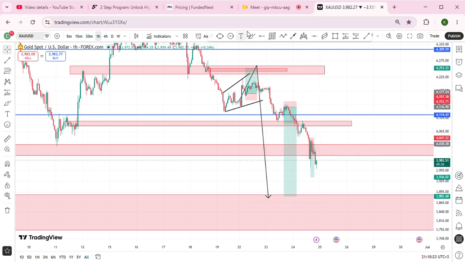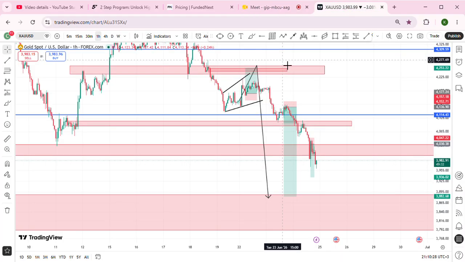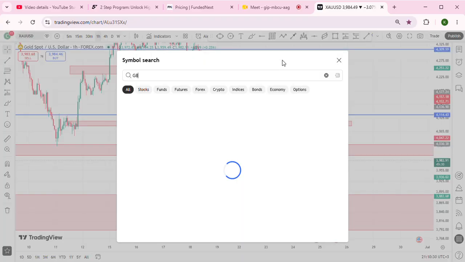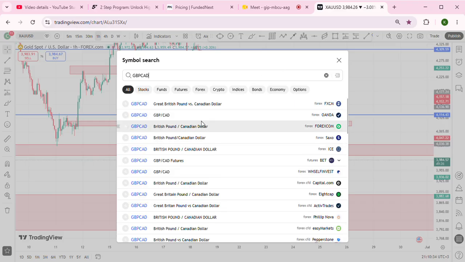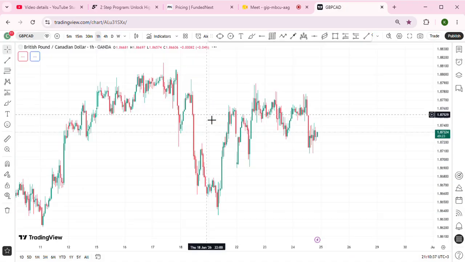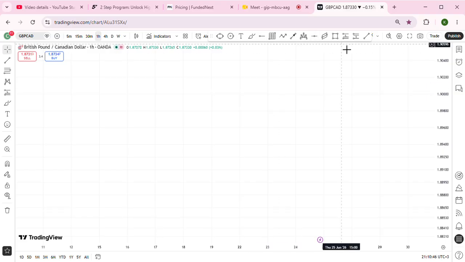Number two, GBP CAD. Number three, Euro CAD.